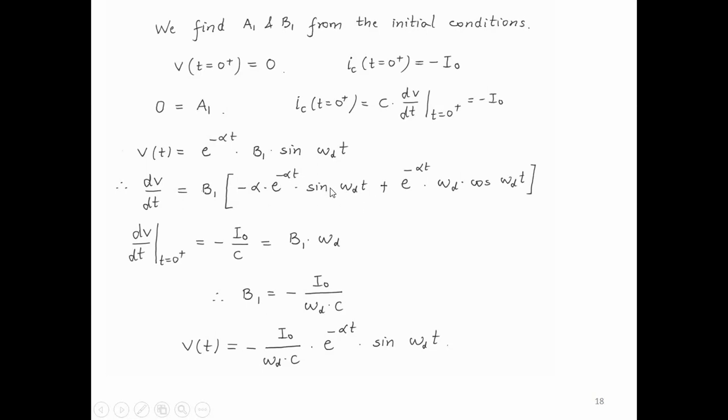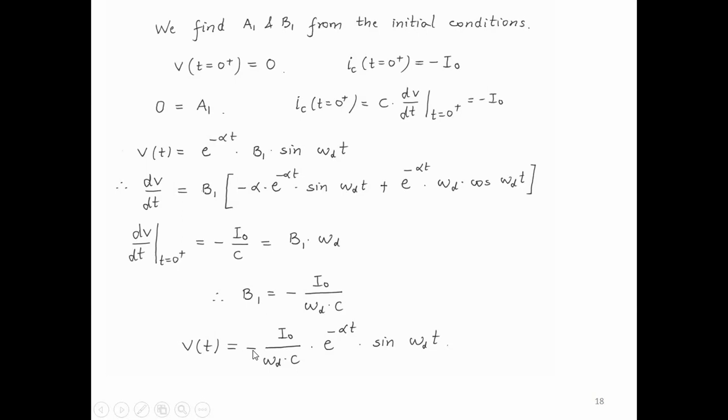This goes away at t equal to 0, this stays, only omega_d stays, so we'll get minus I0 by C equal to B1 omega_d, so we get B1. Alright, again a negative sign, you see the negative sign, that is because of that current flowing upwards.